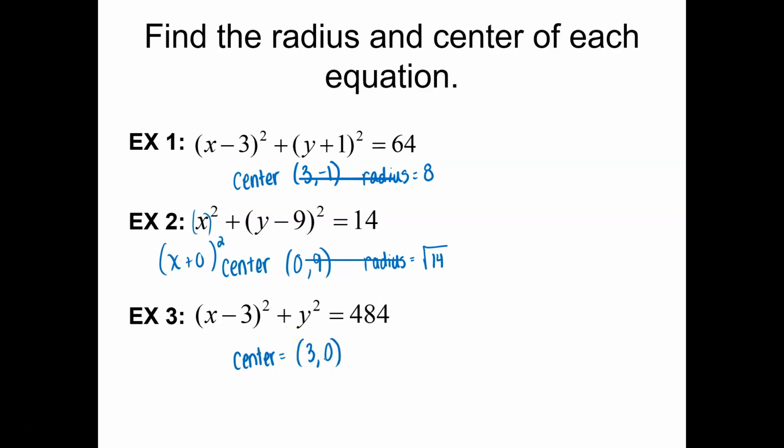Perfect. Radius. Anybody know the square root of 482,884? I think it's 24. Is it 24? 22.